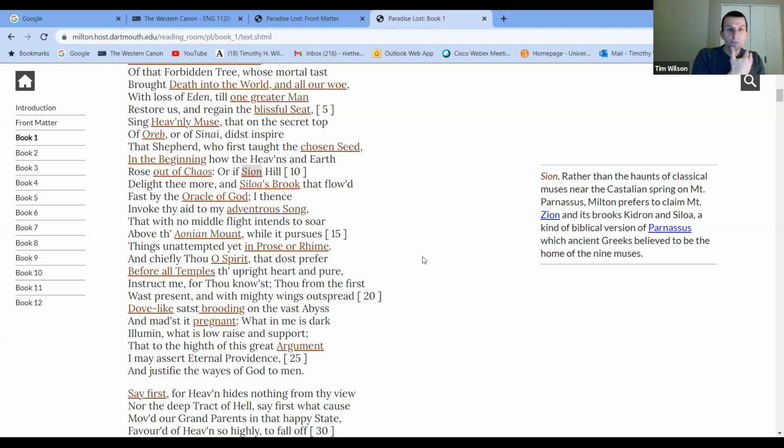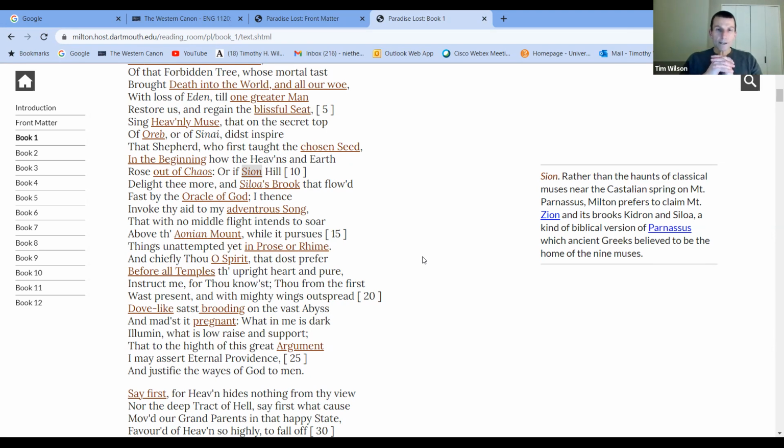So he's asking this muse, well, the Holy Spirit, that in the first book of Genesis, in the beginning, God created the heavens, the earth, and he did so by being this presence, this spirit over the waters, dividing them, and taking the chaos of that watery chaos, dividing it and creating sky, earth, land, etc., the 6 days of creation.